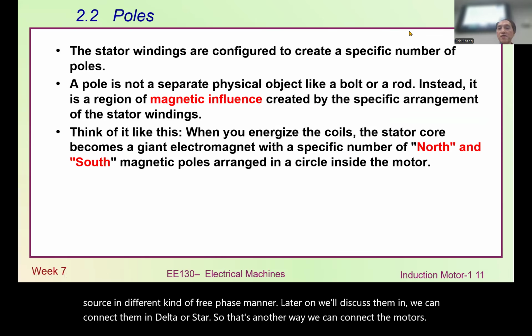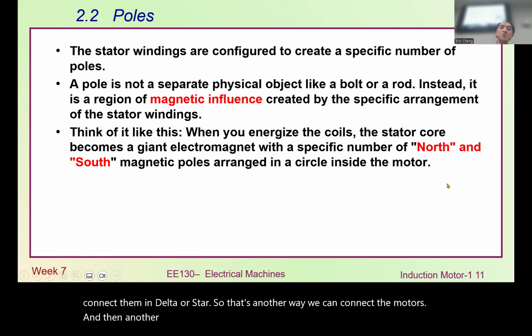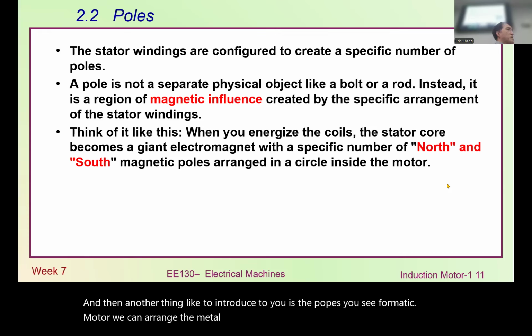And then another thing I'd like to introduce to you is the poles. You see, for a magnetic motor, we can arrange the metal winding into different poles. We don't use a single magnetic wire for one of the phases.